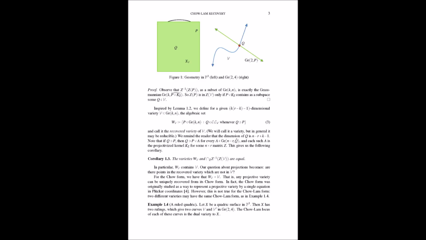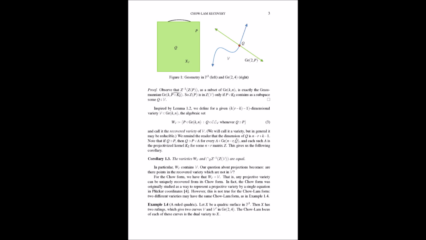And the crucial question is whether WV is exactly the same as V, meaning perfect reconstruction, or whether WV contains extra points that were not in the original variety. So are there cases where WV and V are not the same? Yes. As we've discussed, sometimes WV is bigger than V, indicating that we've picked up some extra pieces along the way. Those recovered components we talked about earlier.